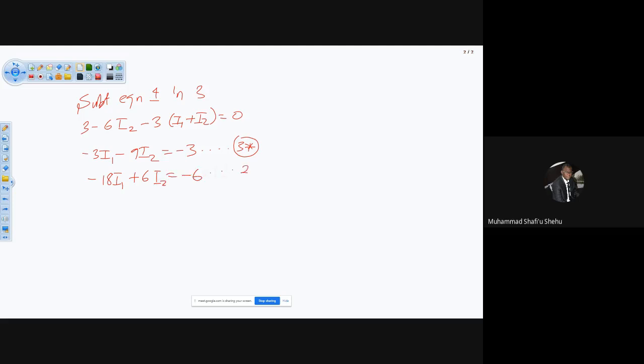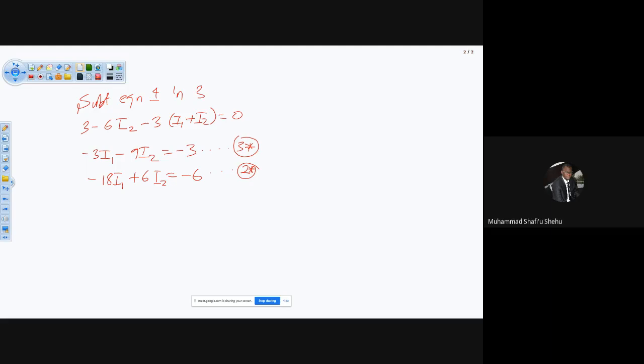So we can call it the simplified form of equation 2, which can also be known as 2x. So these two equations, we can solve them by elimination method for us to get the unknowns.